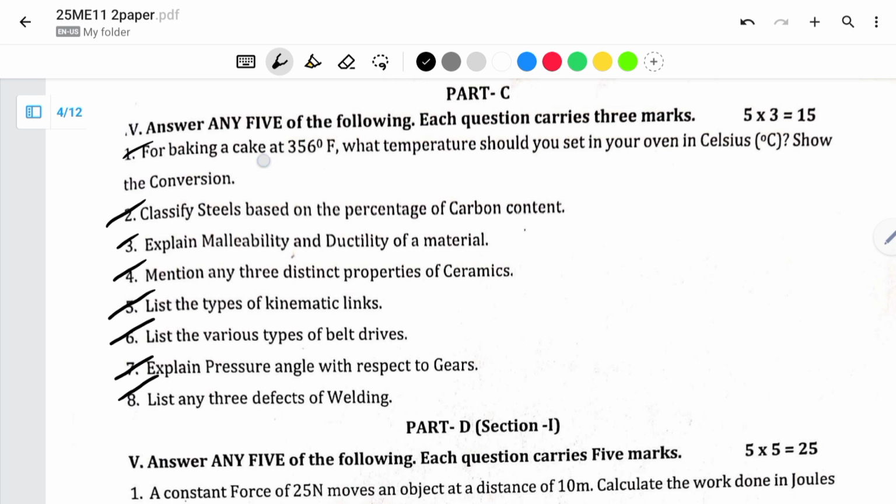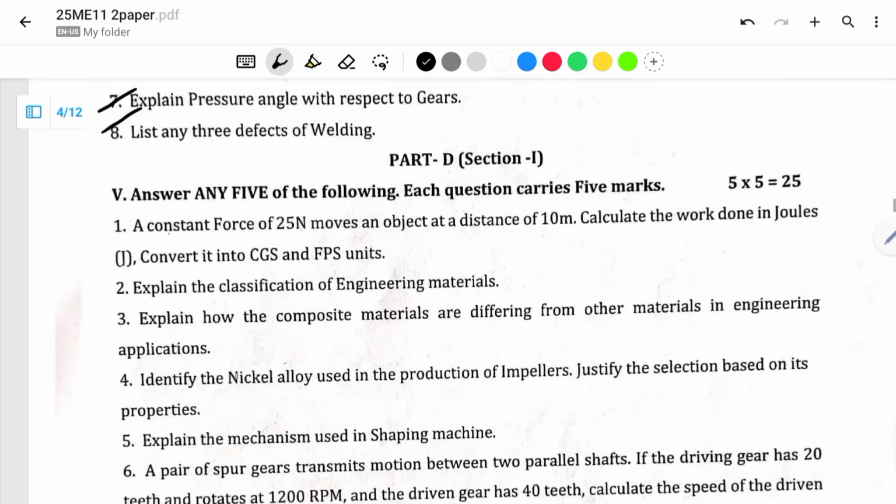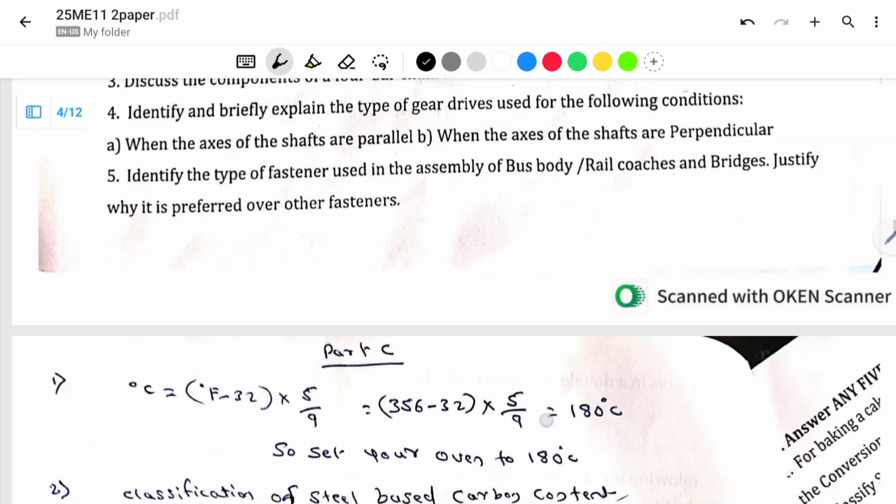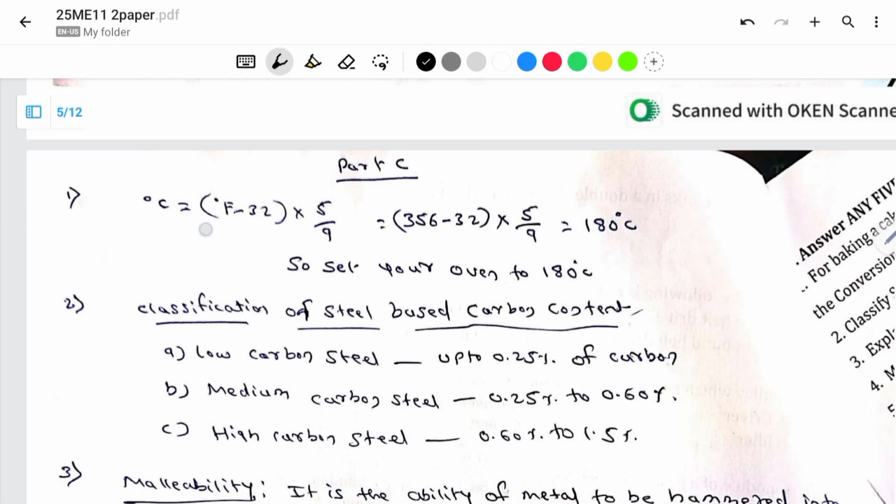The first one is baking. Baking of a cake at 360 degrees Fahrenheit, what temperature should you set the oven in degrees Celsius? You just need to do the conversion, using the conversion formula. To convert, degree Fahrenheit minus 32, into 5 by 9.